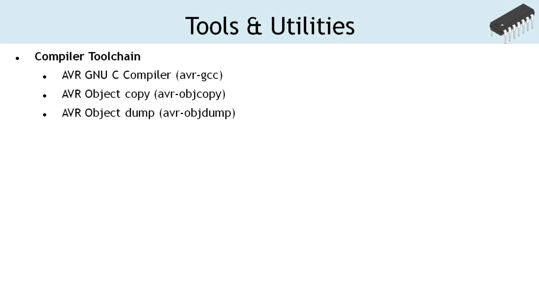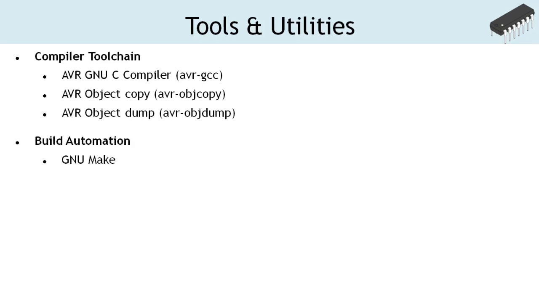The objcopy tool is used to translate the executable image into Intel hex file format, which is used to program the flash memory. And the objdump tool is used to analyze compiled binary images by disassembling them into human readable assembly instructions. We shall look into these tools in more detail while we explore the build process.